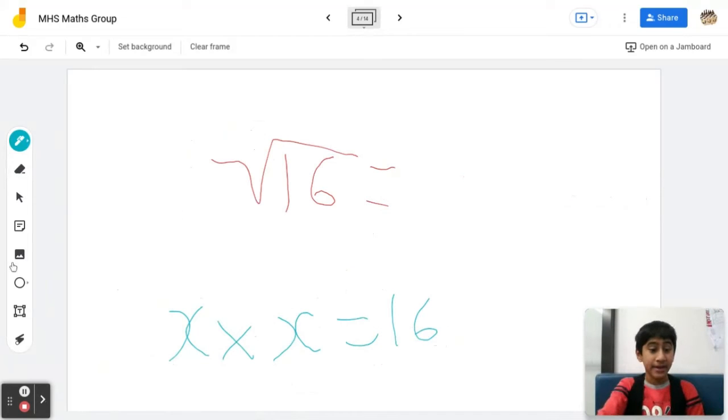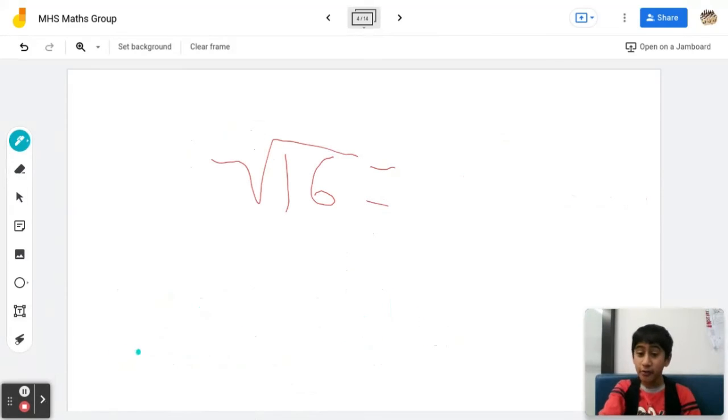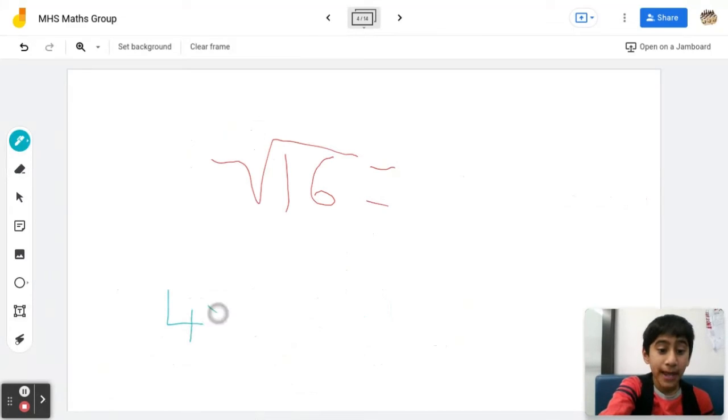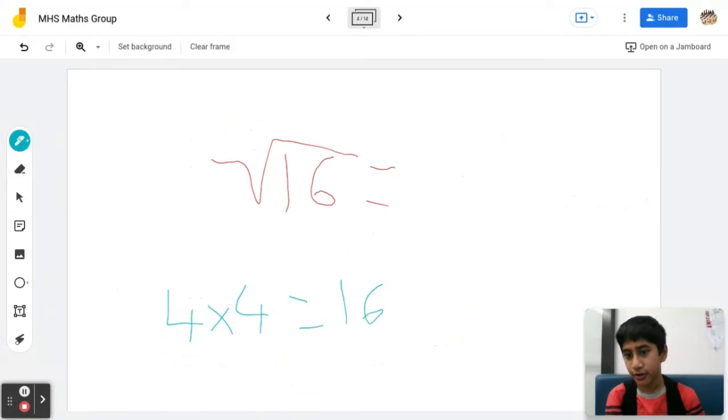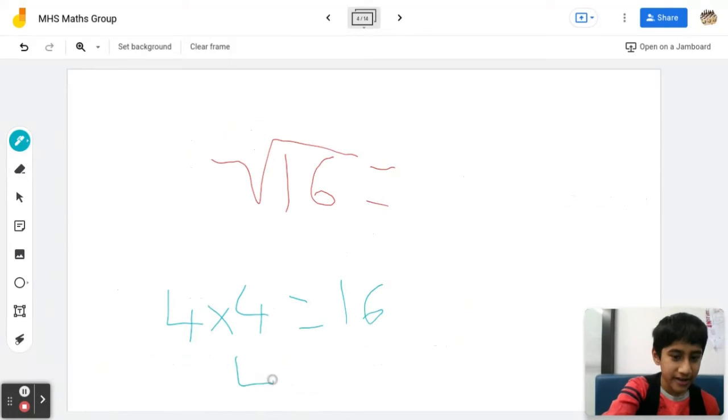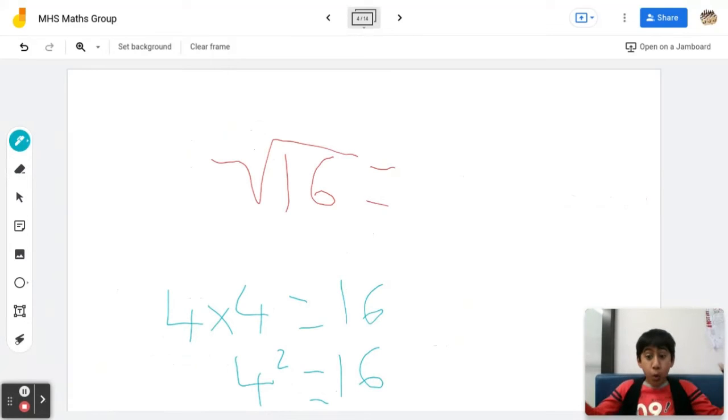And x is the same number. If you think about it for a little bit, 4 multiplied by 4 equals 16. And let me give another banger for you: 4 squared must also be 16. Whoa, mind blown! So that means the answer to the square root of 16 is 4.